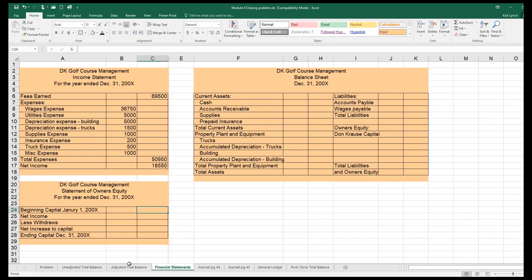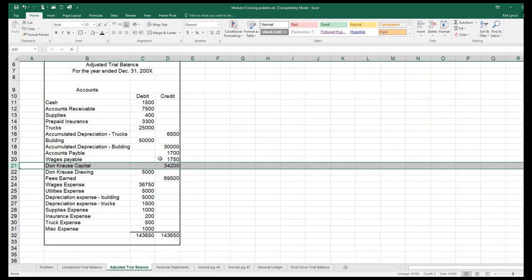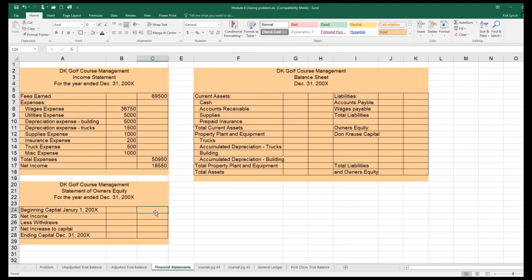So let's start here. Our adjusted trial balance shows that our capital account has a balance of $34,200. So our beginning balance is $34,200. We're going to add to that net income, which we just calculated right there. So we're going to put in $18,550.